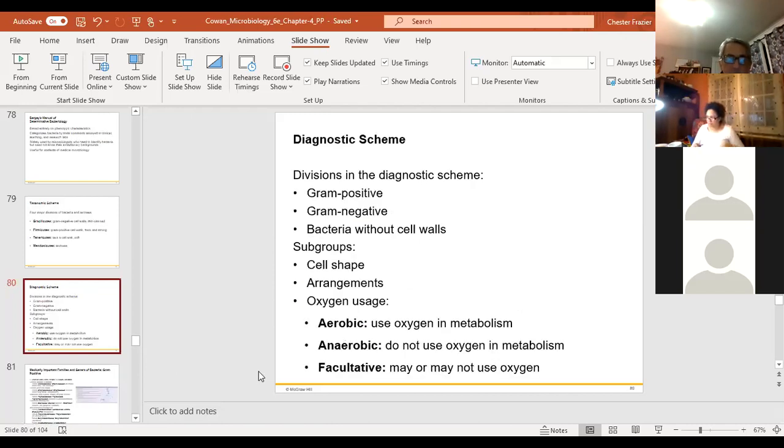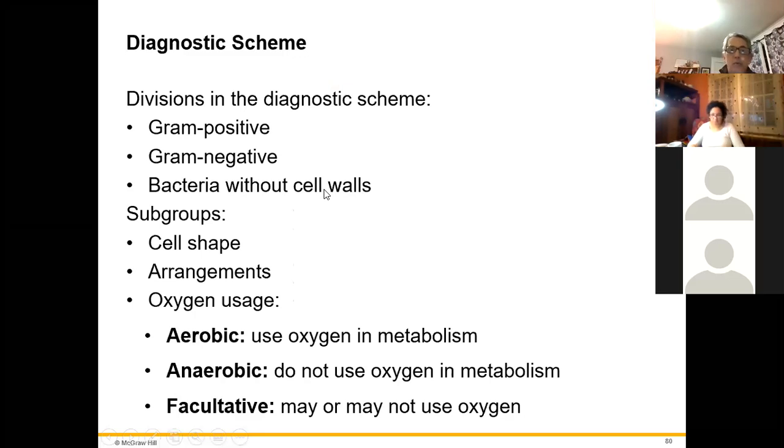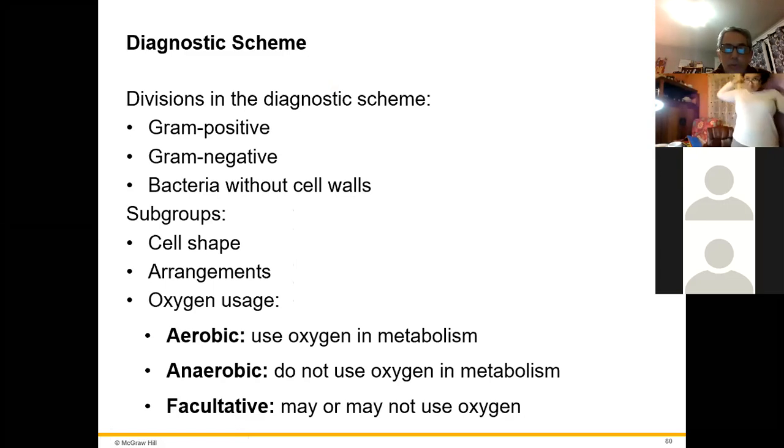Another important process in identifying bacteria is first whether they're gram-negative, gram-positive, or bacteria without cell walls, that would be like the mycoplasma, and then cell shape, arrangement, and importantly oxygen usage.